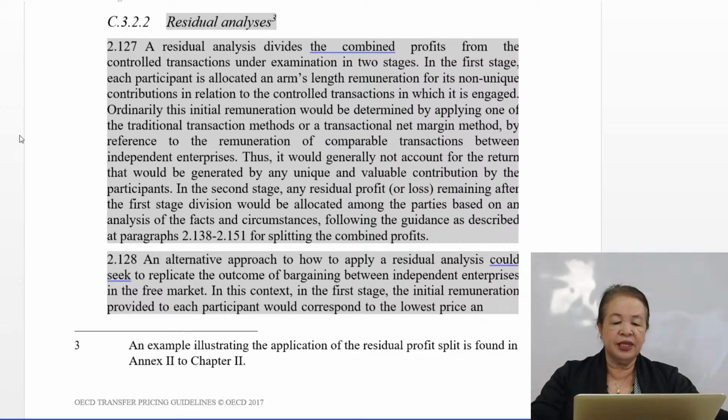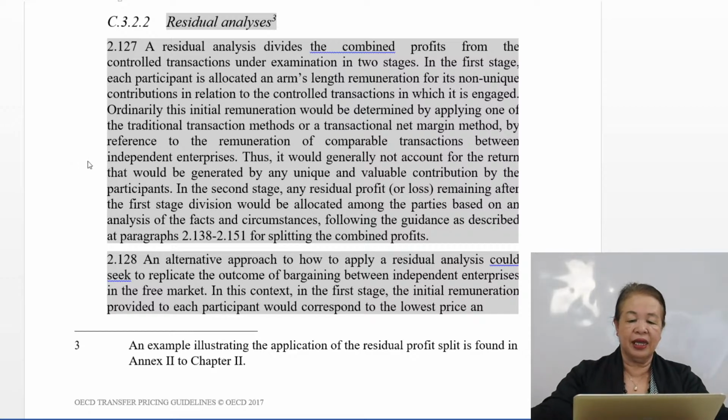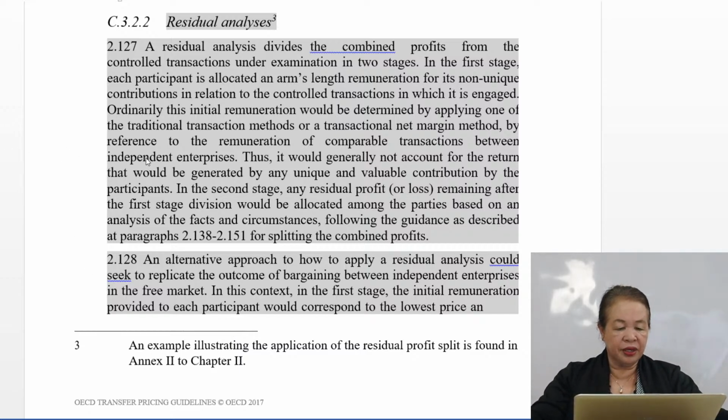Thus, it would generally not account for the return that would be generated by any unique and valuable contribution by the participants. So in the second stage, any residual profit or loss remaining after the first stage division would be allocated among the parties based on an analysis of the facts and circumstances following the guidance as described at paragraphs 2.138 to 2.151 for splitting the combined profits, no?